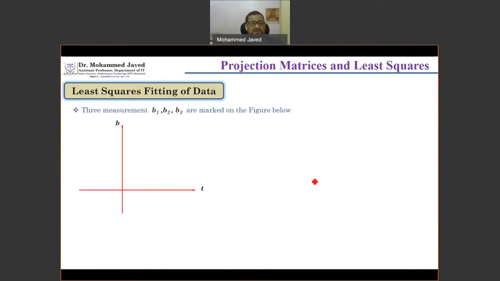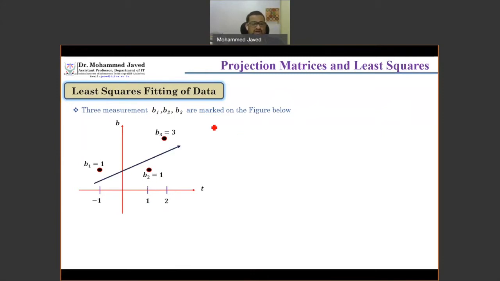And now let us take three measurements, that is b1, b2 and b3. So these are the 3 points which I have taken. b1 is 1, and here the t value is -1; here t is 1 and b2 is -1; then t is 2 and b3 is this. So now I have to fit a regression line, a line in between these 3 points.